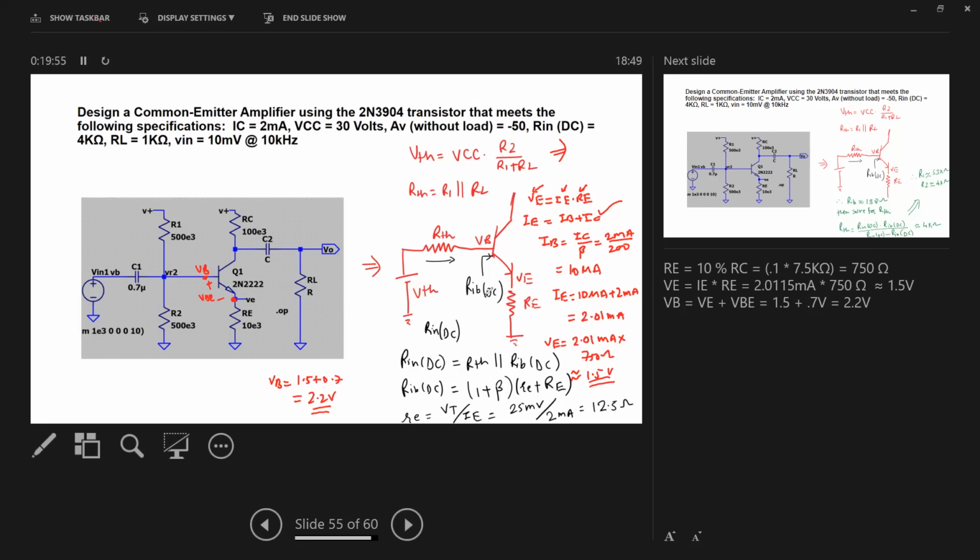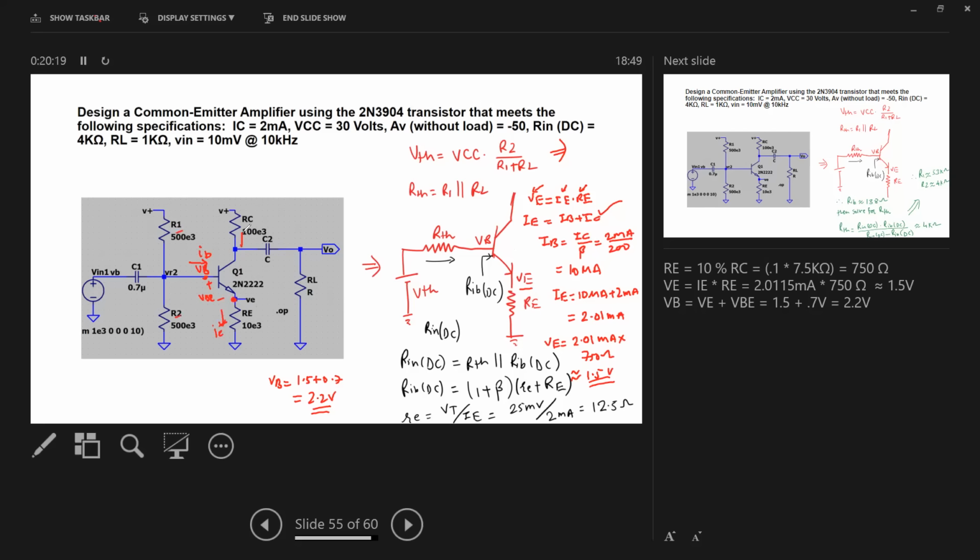Now I know the value of VB, I know the value of VE, all these things. Now I go to get the value of resistors R1 and R2. So I got the base current value. I know the value of base current. I know the value of emitter current.